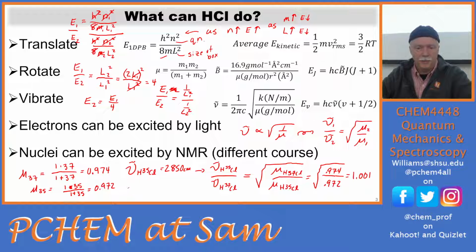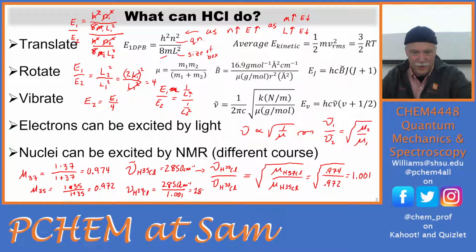The frequency of HCl 37 is 2850 wave numbers divided by 1.001. So is it what, 2849 or something like that? 2847. Definitely a measurable difference.